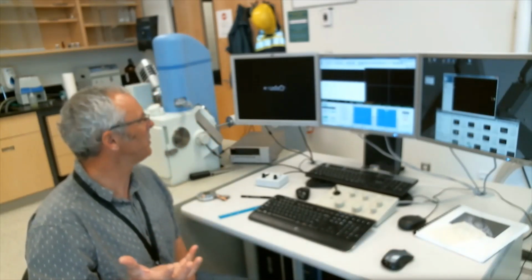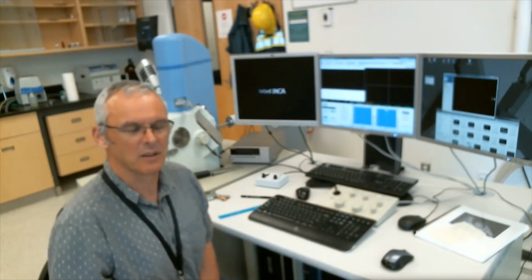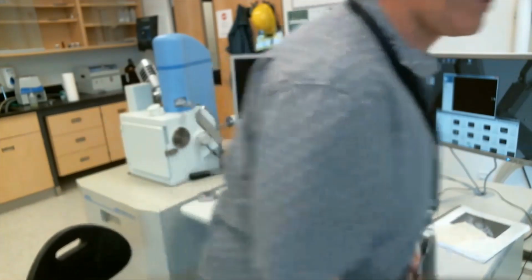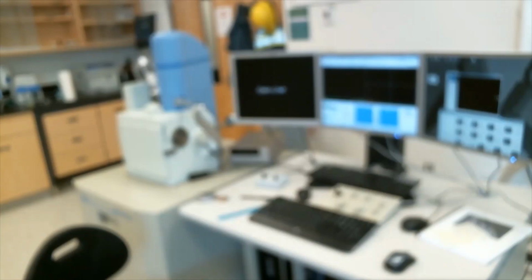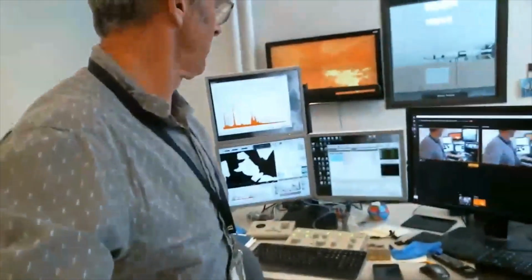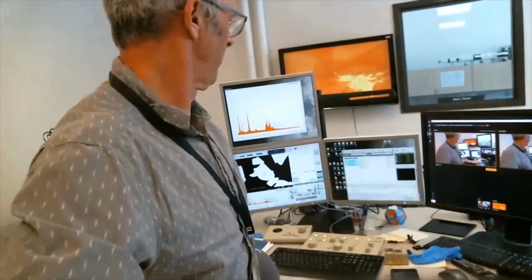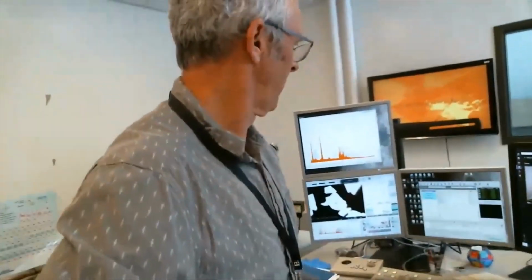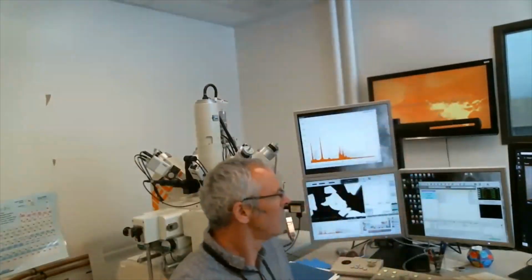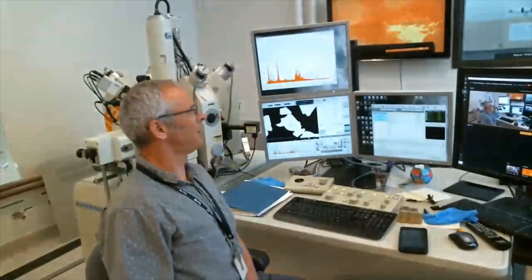While we're waiting for that vacuum to pump down, I'm going to talk a little bit about X-rays. So the other thing that these SEMs are equipped with is an X-ray detector.